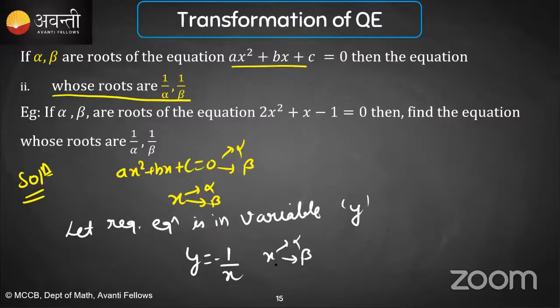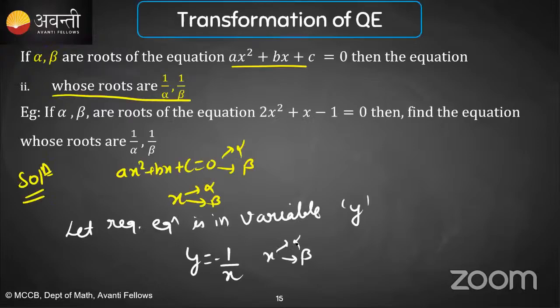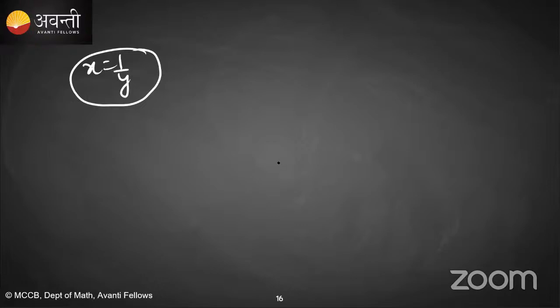So same procedure. What is x? x is 1 upon y, right? x is 1 upon y, but you know that x takes the values alpha, beta, so x is the root of the above original equation, right? So x should satisfy the above equation.